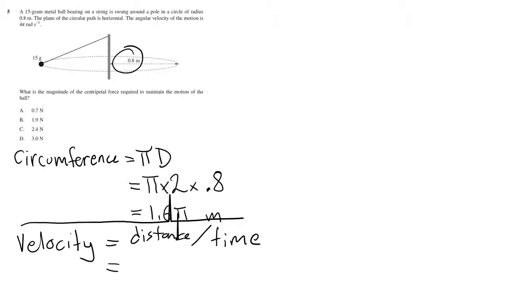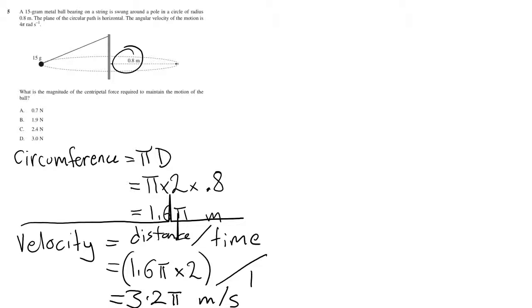So we've got distance, and the distance is going to be that circumference, 1.6 pi, times 2, because the ball bearing is doing 2 full laps of that circle every second. So 1.6 pi times 2 every 1 second. The alternative way of doing that would be to say it does that full lap in half a second and put a 0.5 on the bottom instead of a 2 on the top, but that's going to achieve the same thing. So we now have a velocity of 3.2 pi meters per second.